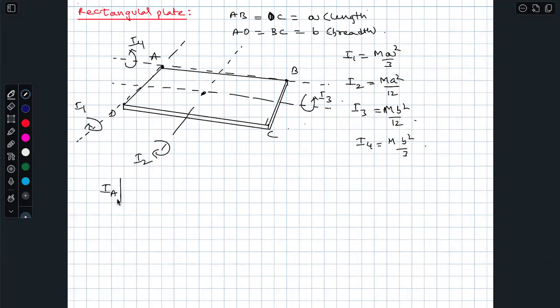Now, moment of inertia about an axis passing through A, perpendicular axis there. This is nothing but I4 plus I1, MA square by 3 plus MB square by 3.